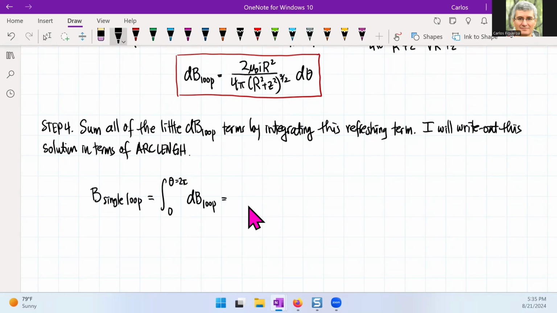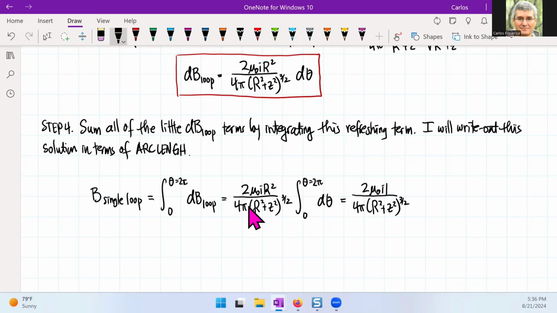So I can pull everything out of the integral. This will be 2 mu naught I r squared over 4 pi times r squared plus z squared to the 3 halves, times the integral of d theta. When I integrate the whole thing, I get 4 pi r squared plus z squared to the 3 halves, then 2 mu naught I r, and I take one of the r's and write r theta here.